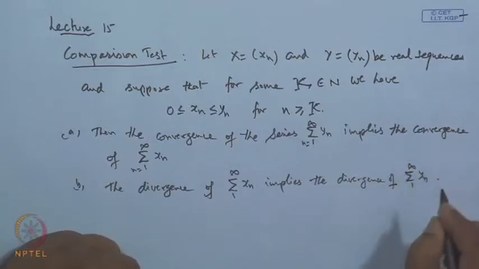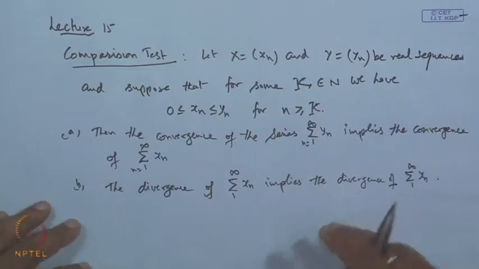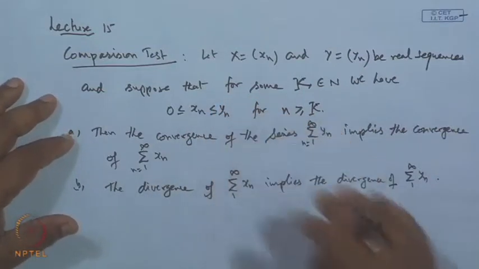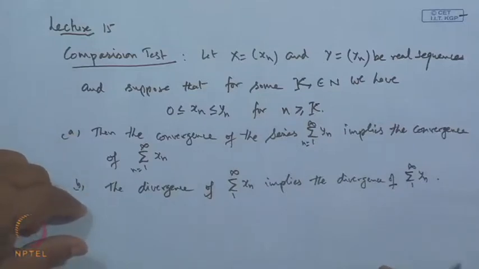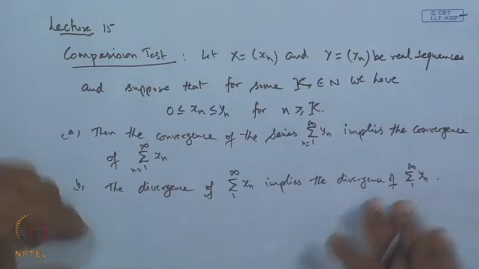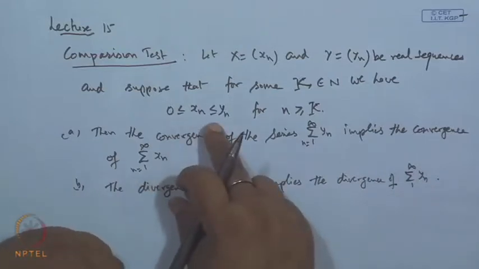In fact, this type of result we have discussed already in the case of sequences. So, similar results we have for series of non-negative terms, where all terms are non-negative.